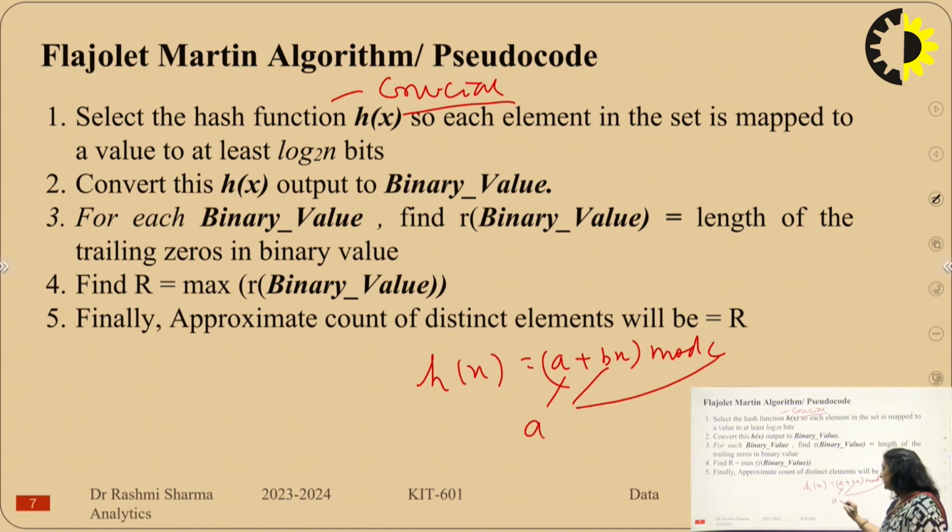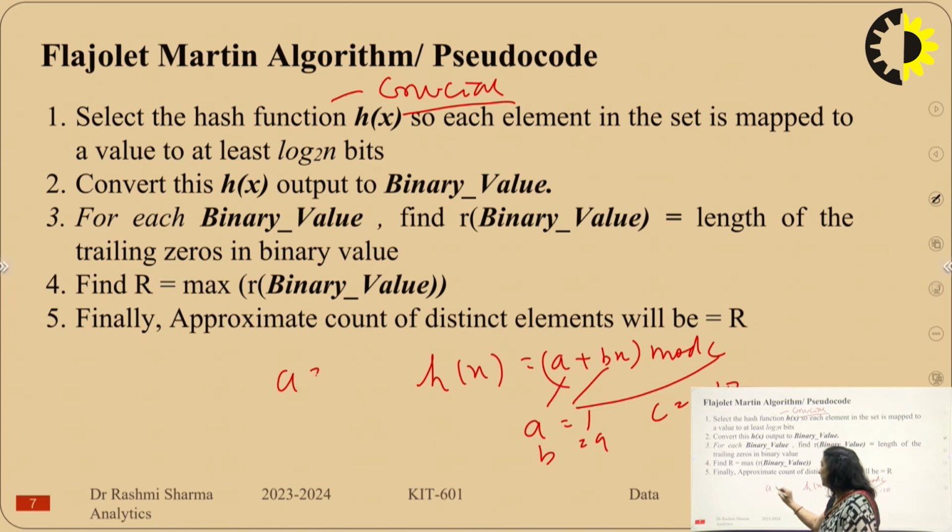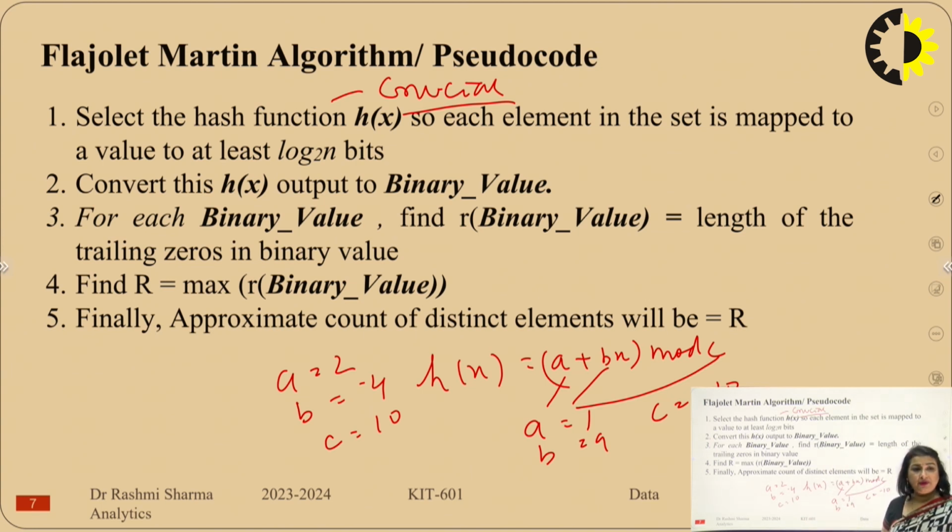If for suppose I select a equal to 1, b equal to 9 and c equal to minus 10, definitely the results would be different, and if I select another value, a equal to 2, b equal to minus 4 and c equal to 10, the results would be different. So definitely the cruciality depends on how I select the values of a, b and c when I am taking a hash function.